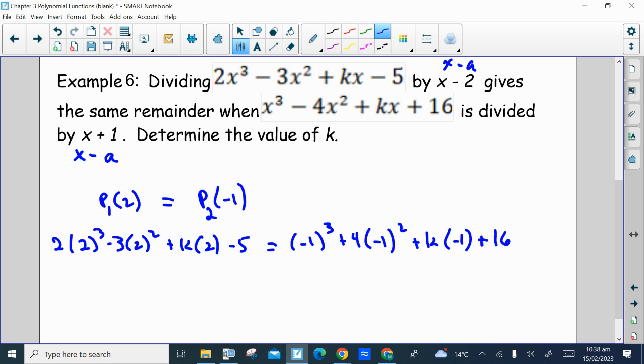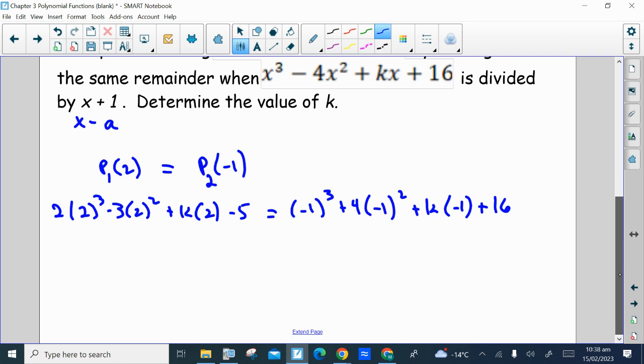I need to solve for k. The word says determine the value of k, so we need to show our work. 2 cubed is 8 times 2 is 16.